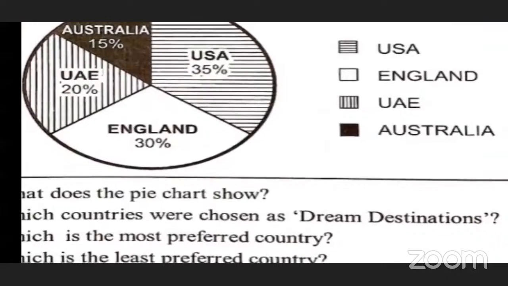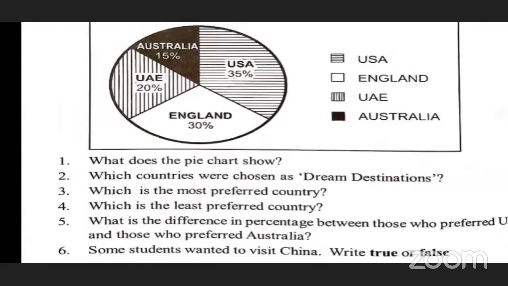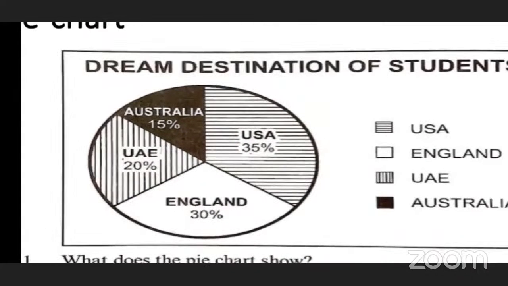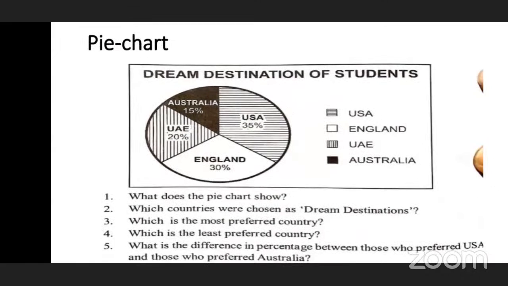This will be understood based on the percentages. USA has 35%. 35% of students are dreaming to get settled or to study abroad in the USA, and 30% of students are willing to go to England, whereas 20% of students are willing to fly to UAE, and the final one is 15% of students desiring to go to Australia.